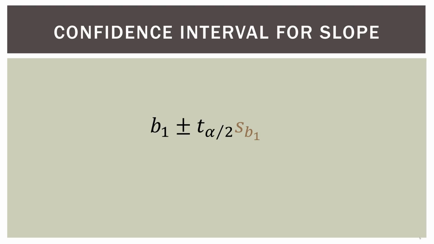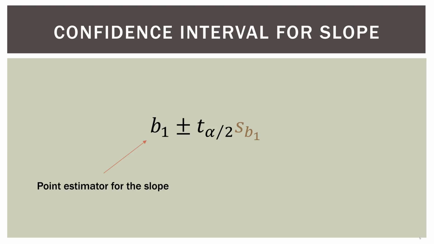And we'll say something like, we are 95% confident that the actual mean for the population falls within this interval. This is the exact same thing. So instead of b sub 1 like we have here, in that case we'd have x bar, plus or minus the margin of error.